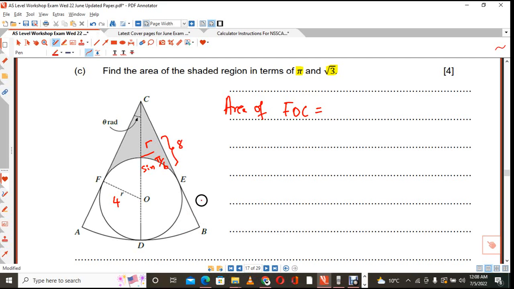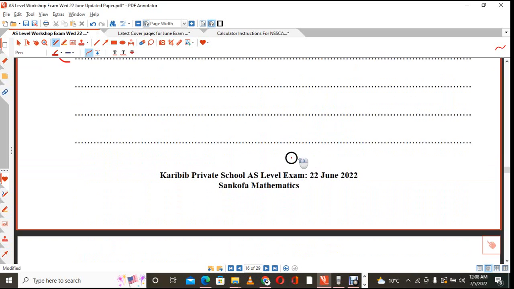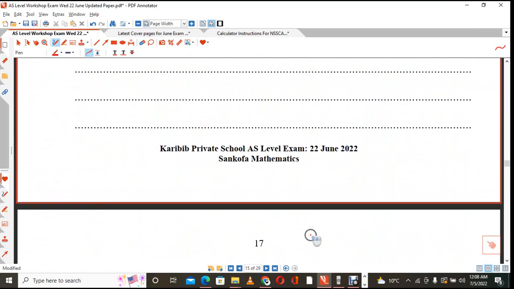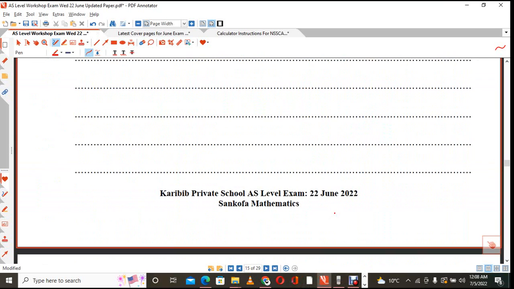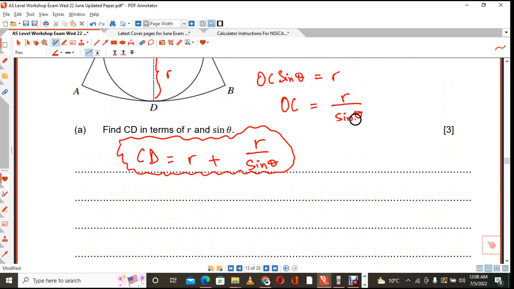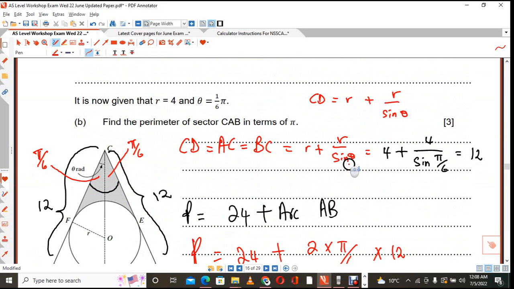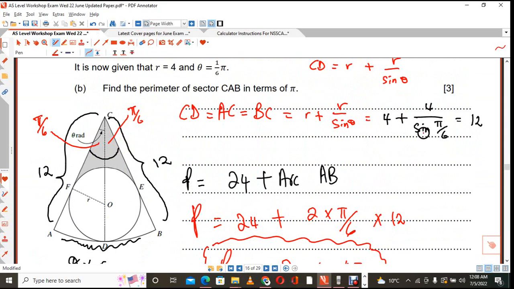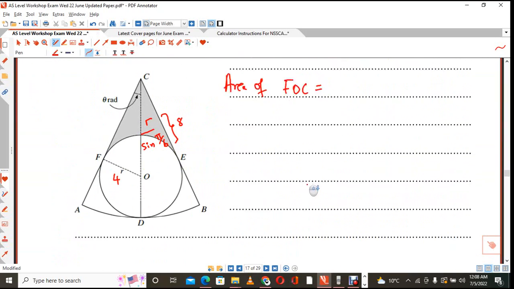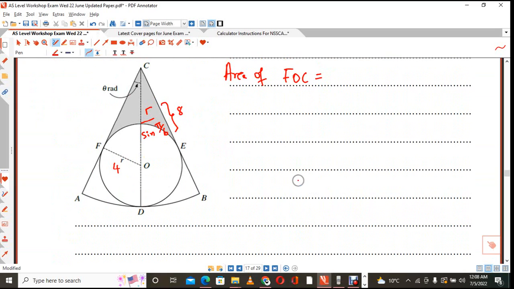I hope you still remember from our previous work the distance OC. OC is r over sine theta, so 4 over sine of pi over 6. That gives you 8 if you punch it in your calculator.